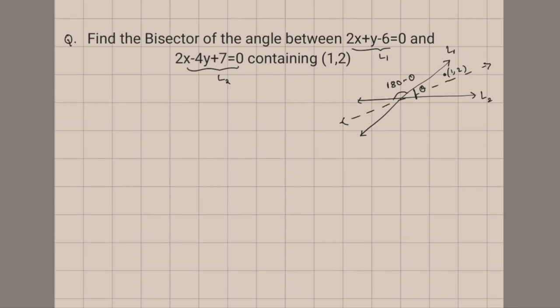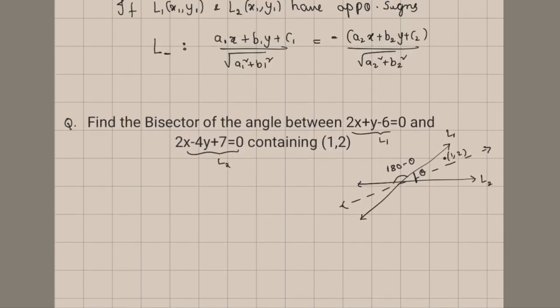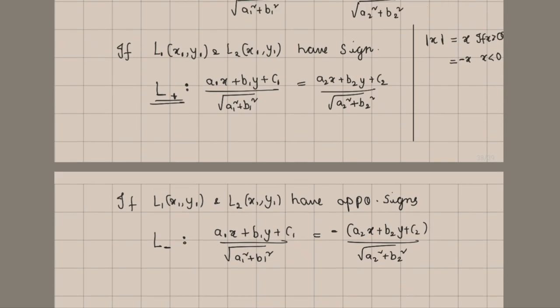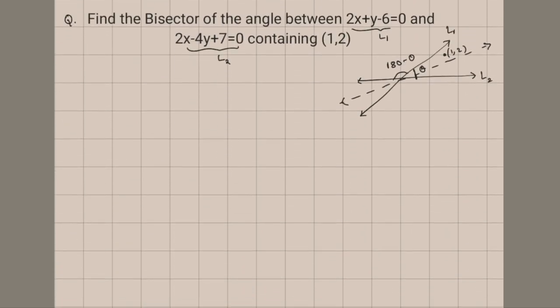Okay, this is the final problem. But we have seen the conclusions, and how we got this result. So first thing is we need to find L1 of x1, y1, where x1, y1 is nothing but (1, 2). L1 of x1, y1 is 2 into 1 plus 2 minus 6, which is minus 2.